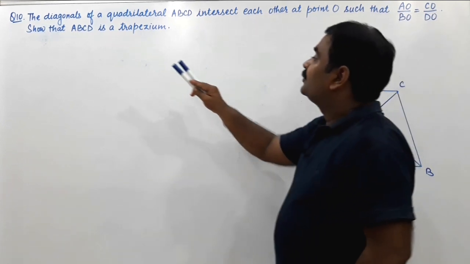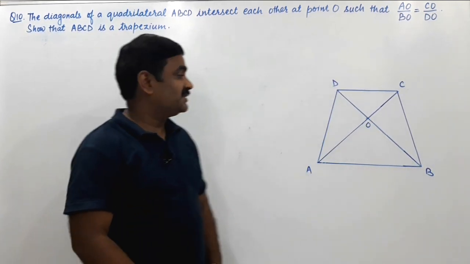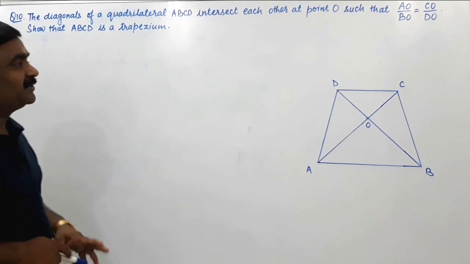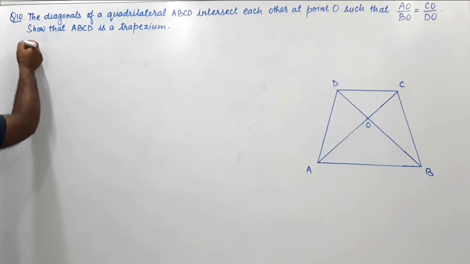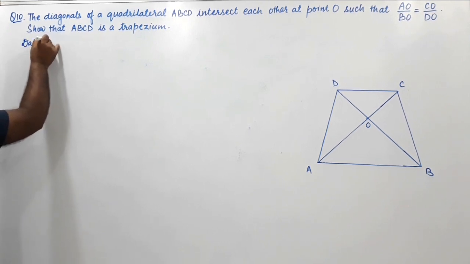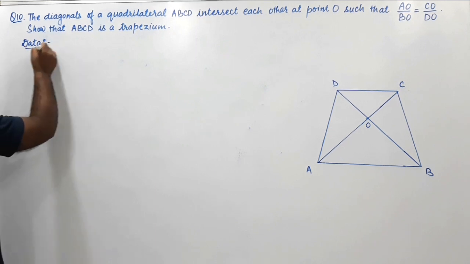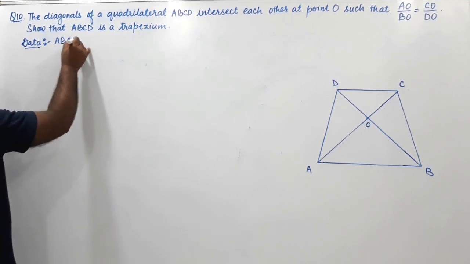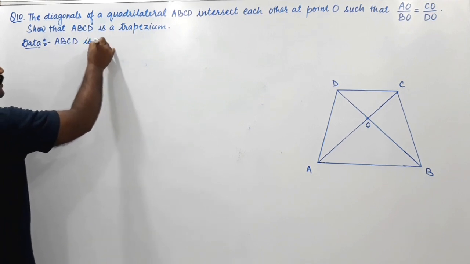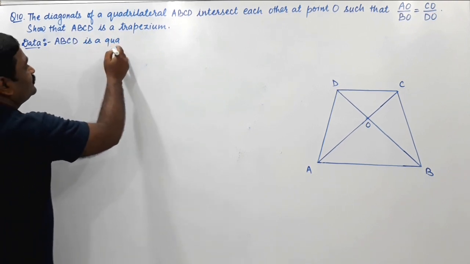So you have to prove that this quadrilateral ABCD is a trapezium. Right? So let us see figure you are seeing. Write down the data. Data, what is that? ABCD is a quadrilateral. This is in data.